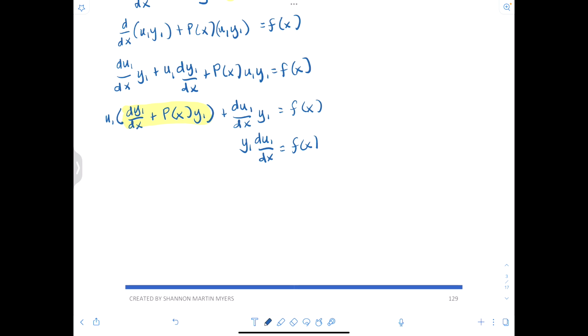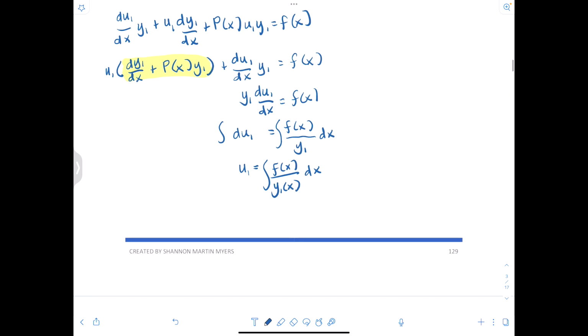Now, this is just a separation of variables problem, so I keep du1 on the left side, and then I'll have f(x) over y1, and that's all times dx, and integrating both sides, we'll get u1 is equal to this integral of f(x) over y1(x) with respect to x.